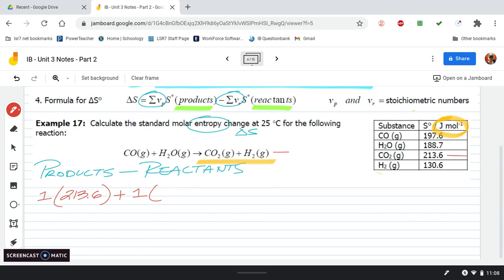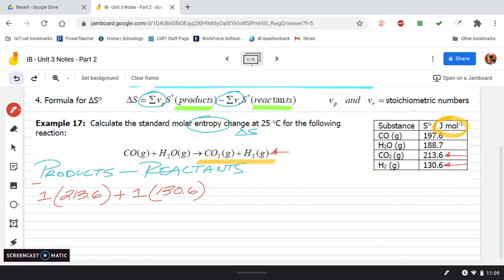Notice this is hydrogen as a gas, and I want to point out that unlike delta H, elements in their standard form do have a value for S. This would be a 0 if it was a delta H, but it's a delta S, so it does have a number: 130.6. Let's bracket that.